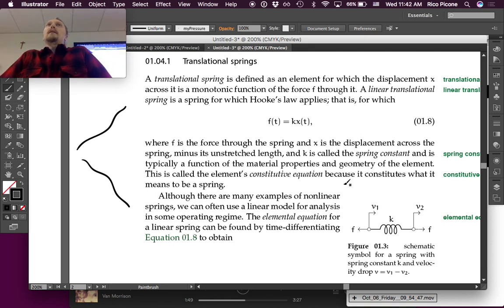So if it's a coiled spring, there are lots of equations that can tell you from the geometry what it should be. But oftentimes what we do is we say, it's complicated geometry, it's complicated material properties, we're just going to measure it. So apply a known force, measure the displacement, and you got yourself a spring constant, right?